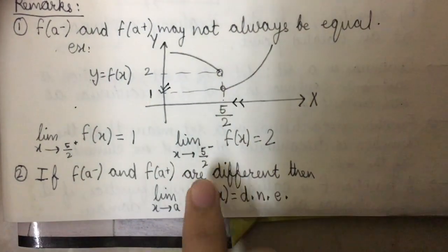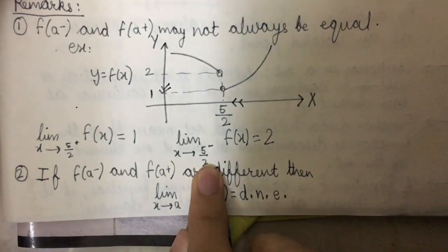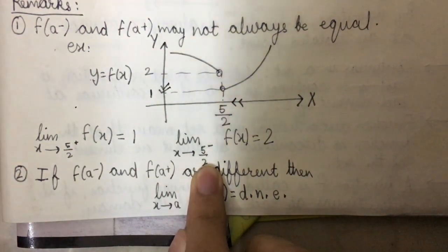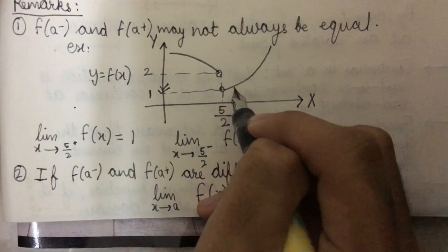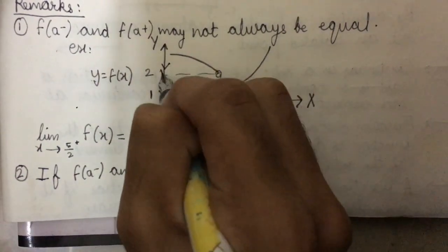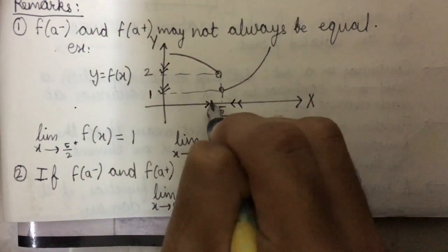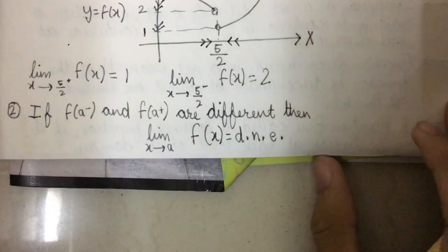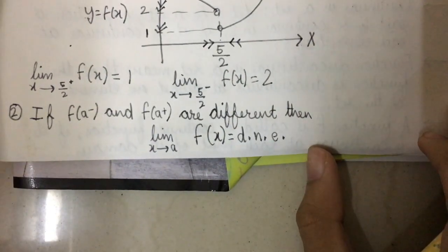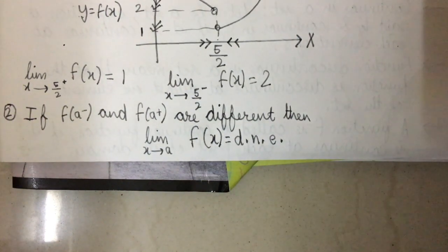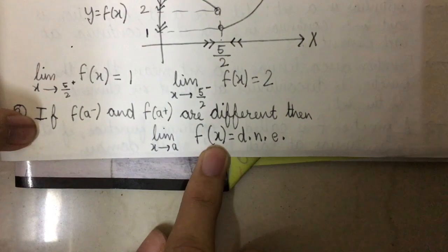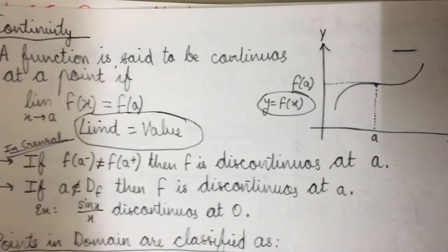But limit x tends to 5 by 2 minus, which is the left hand limit, equals 2. If f of a minus and f of a plus are different, then we say that limit at a does not exist. That is, limit x tends to a f(x) does not exist.